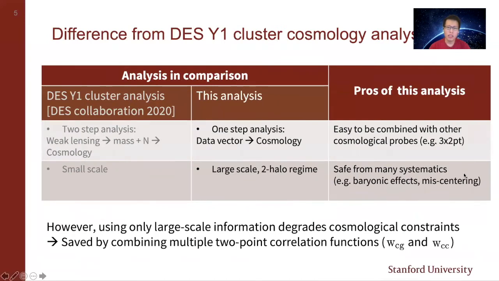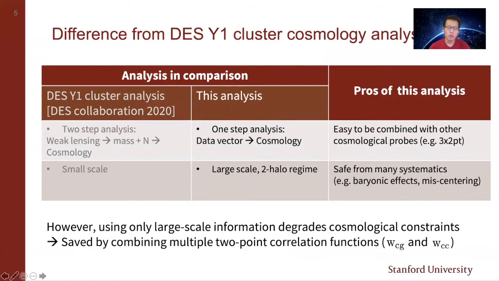I want to highlight a couple of differences between this analysis and the DES Y1 cluster cosmology analysis, or the traditional cluster cosmology analysis. In a traditional cluster cosmology analysis, people usually do a two-step analysis, meaning that they measure the cluster lensing and model the cluster lensing signal to get the mass of the galaxy clusters.